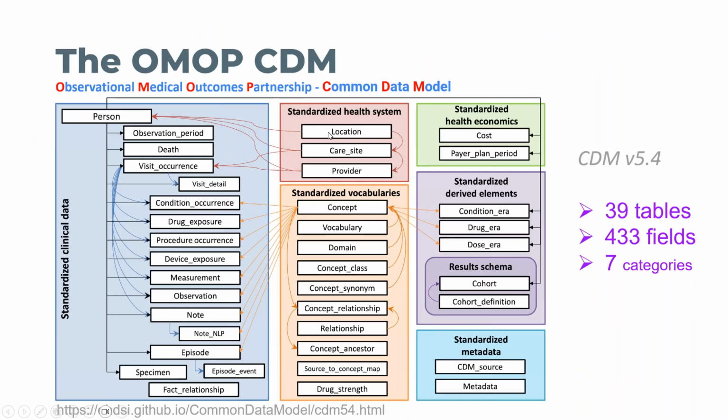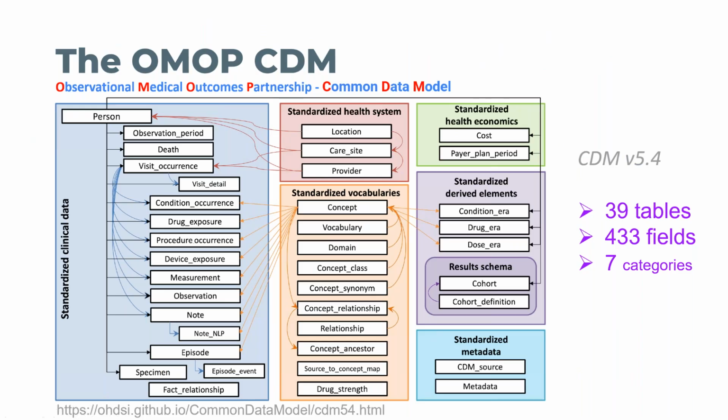Locations are addresses or places. Care sites are facilities that provide care to patients, and providers are the professionals, like doctors, that provide the care to patients. Those can usually be optional, but if you have them, they allow for more analysis on your data.